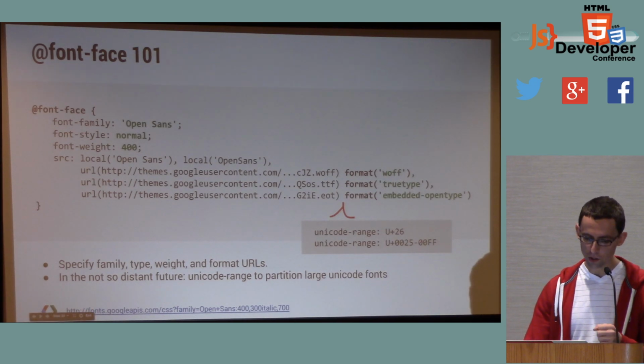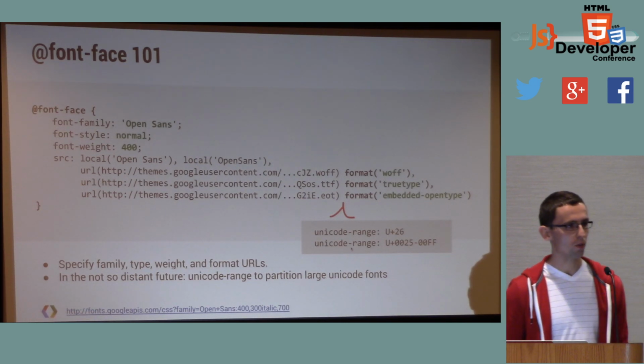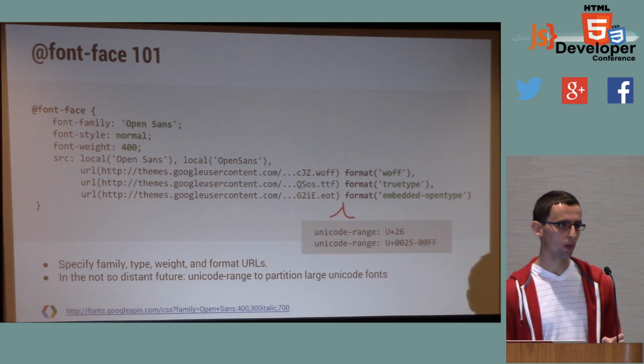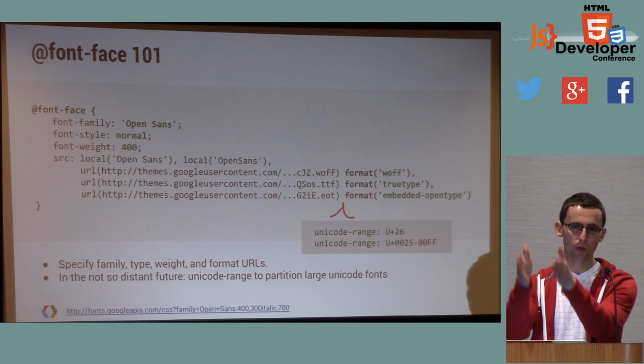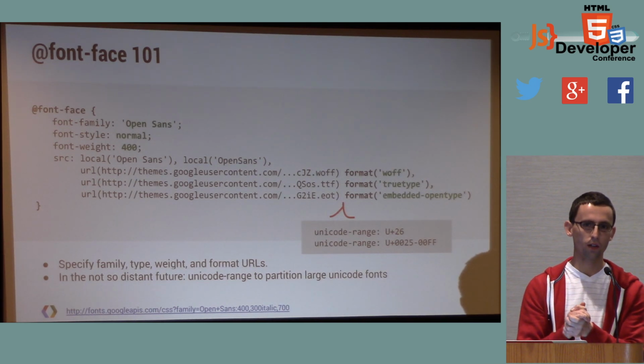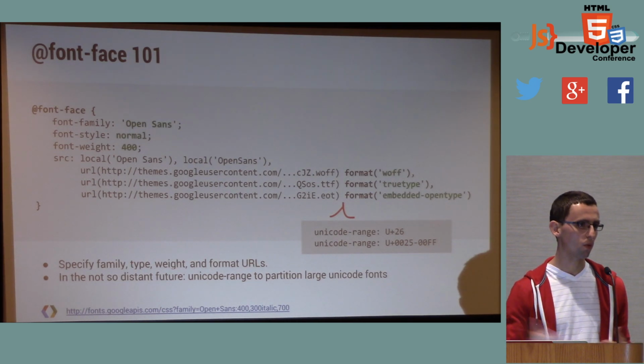Now, a new thing that's being worked on right now is unicode-range. The idea here is that you'll be able to declare that this font or this file is responsible for this range of the character set. This is important for large fonts. Think fonts that are over 1 megabyte in size.